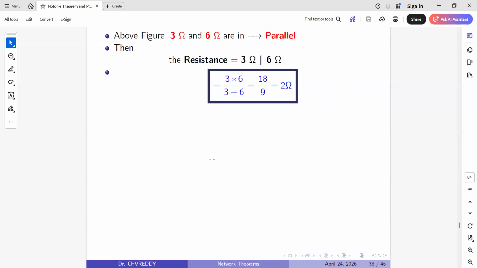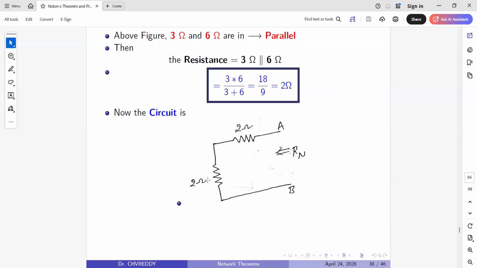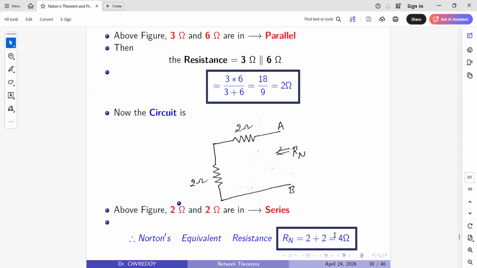Now this 2 ohm and this 2 ohm are connected in series. So then the resistance is 4 ohm. So this is the Norton's equivalent resistance.